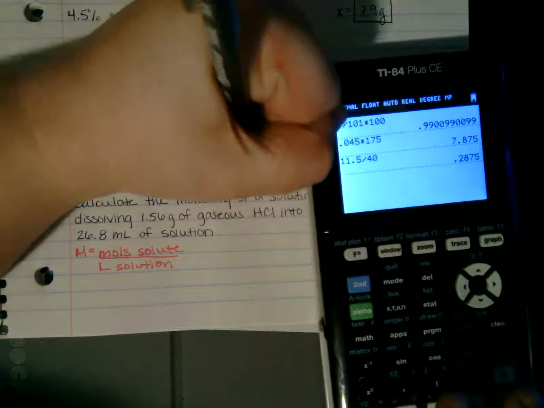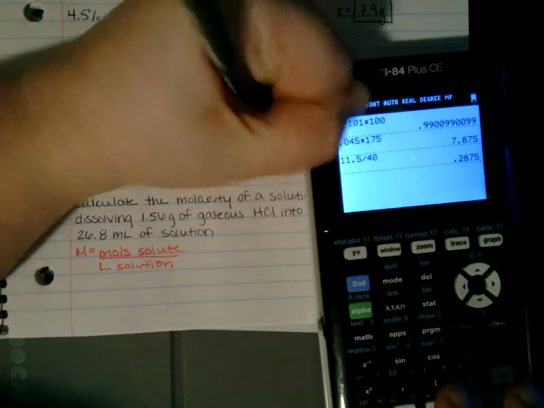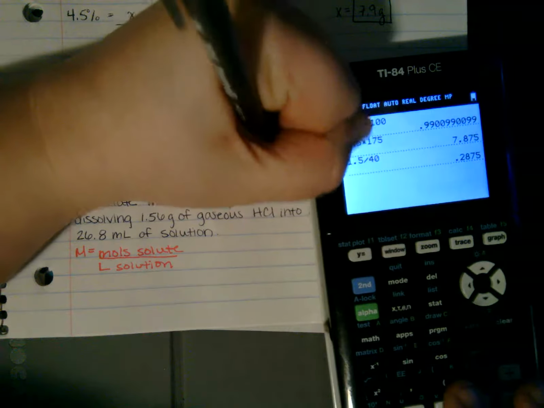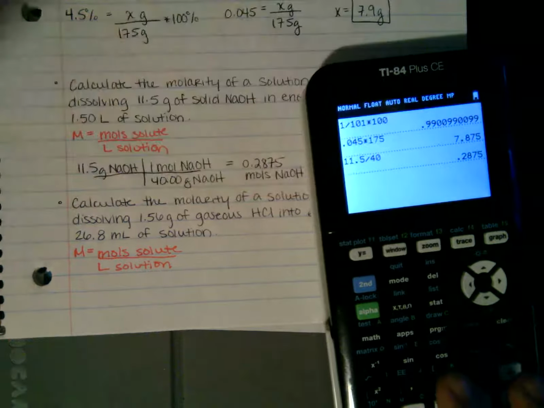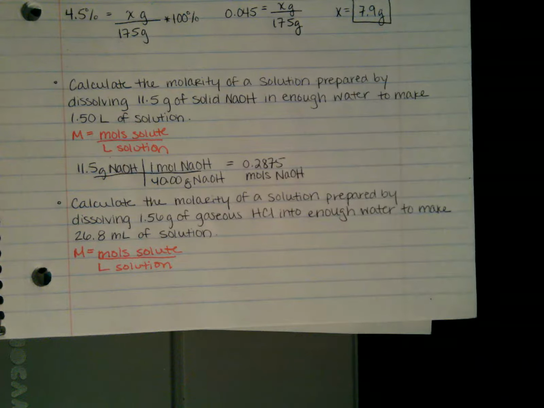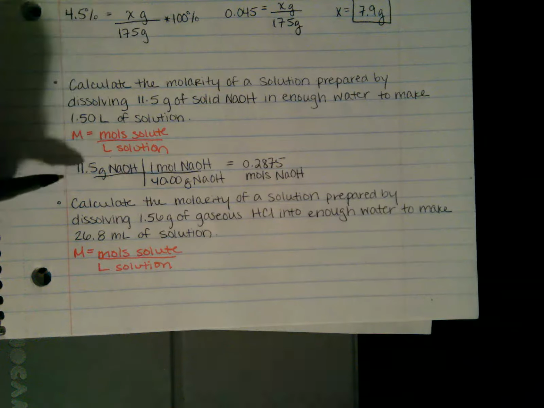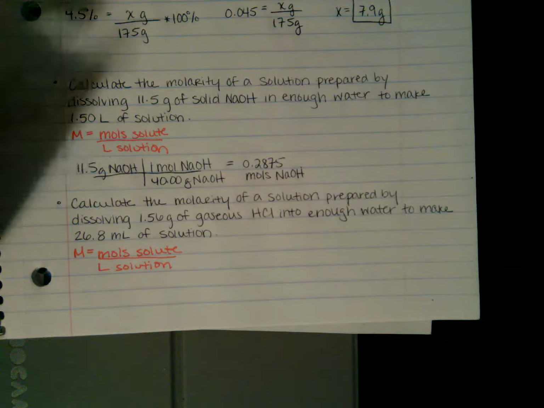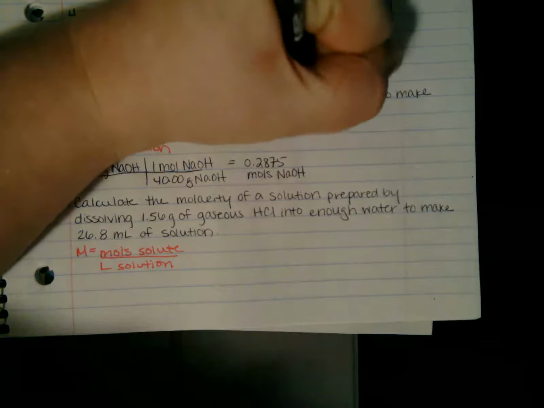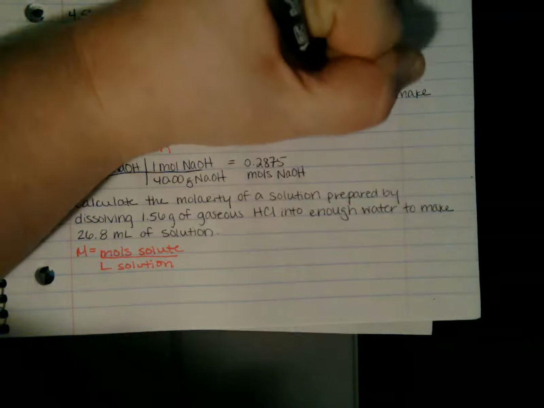But we get 0.2875 moles of sodium hydroxide. And so our molarity is going to be equal to moles per liter. So we're going to take that 0.2875 moles of sodium hydroxide dissolved in 1.5 liters of solution.